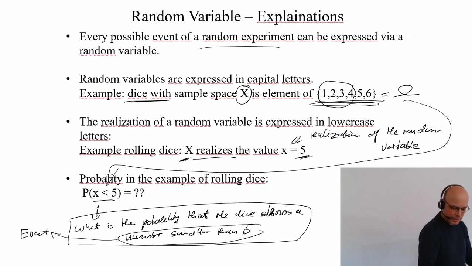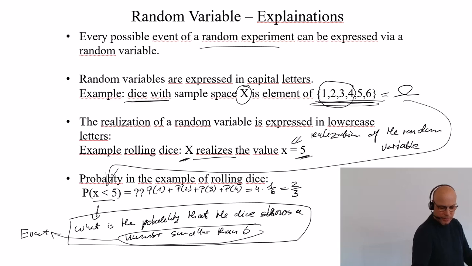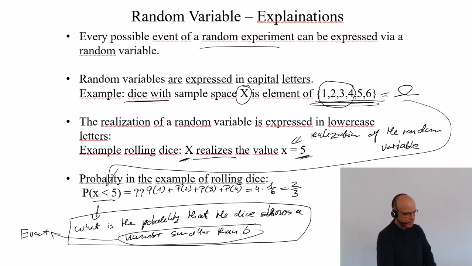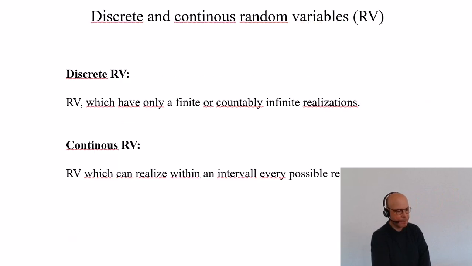So this is the probability of 1 plus the probability of 2 plus the probability of 3 plus the probability of 4. And this is then 4 times 1 over 6, which is 2/3, of course.